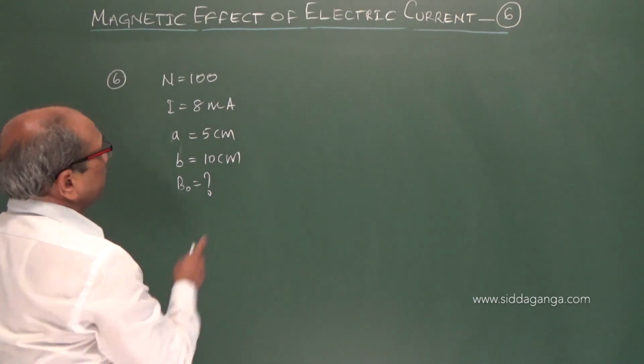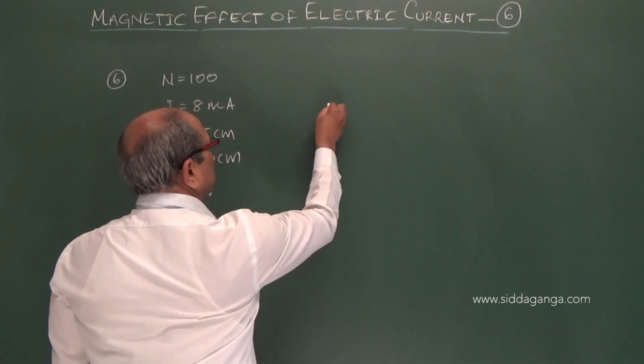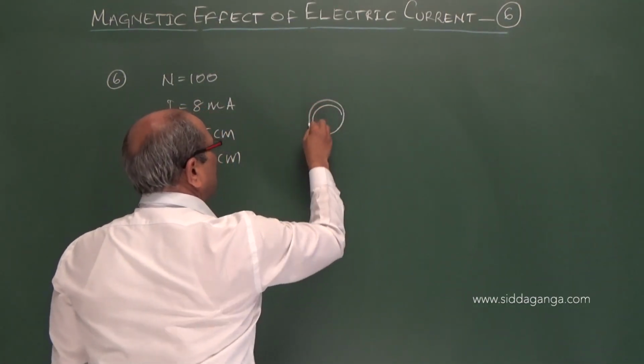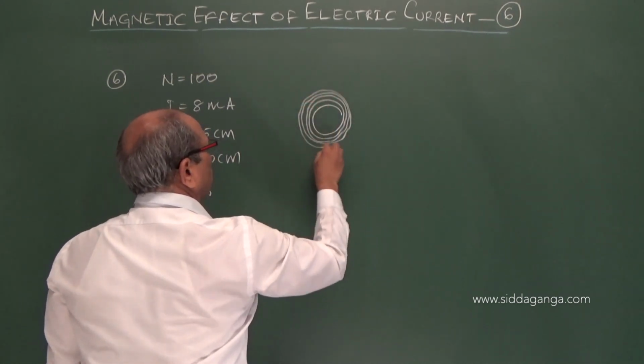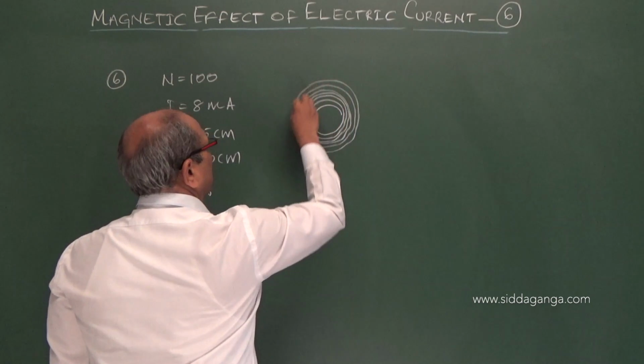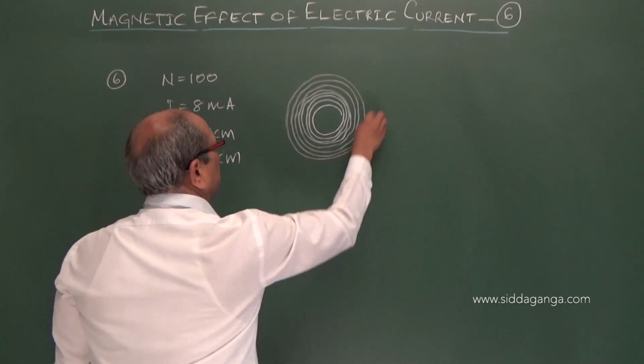Now, if you imagine this is a kind of spiral winding, one over the other, we get a picture like this.